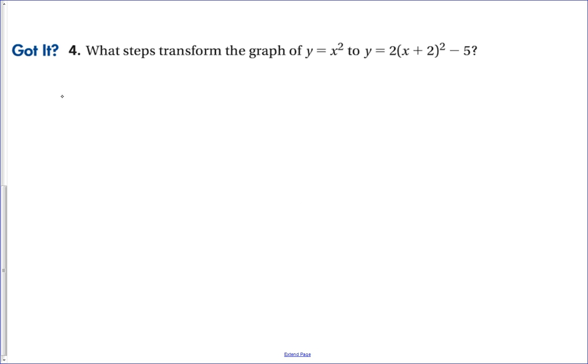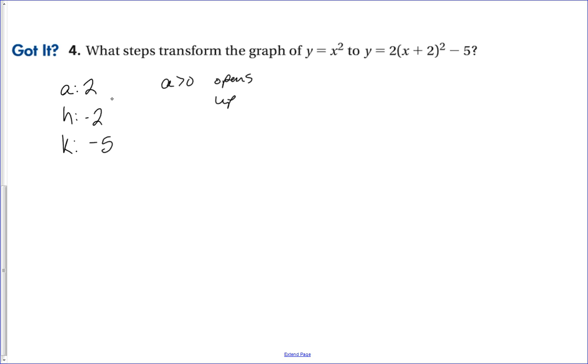Well, first let's identify a, h, and k. For this one, you didn't have to graph it. We're just identifying the steps. So we know a is 2, we know h is -2, and we know k is -5. Since a is greater than 0, we know it opens up.